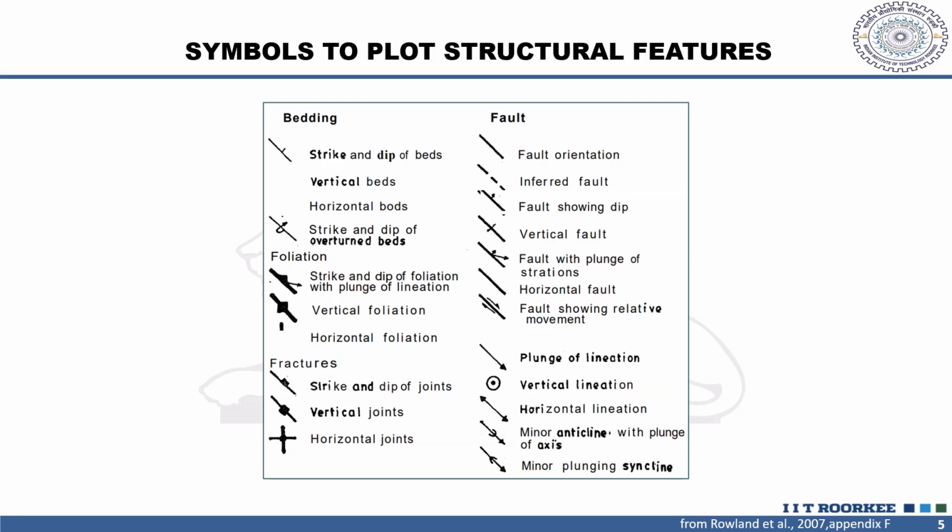These are the symbols for the strike and dip, vertical beds, foliations, fractures, fault orientations, lineation directions. Everything is listed here. You can take a screenshot and use it further. This is just for your information.